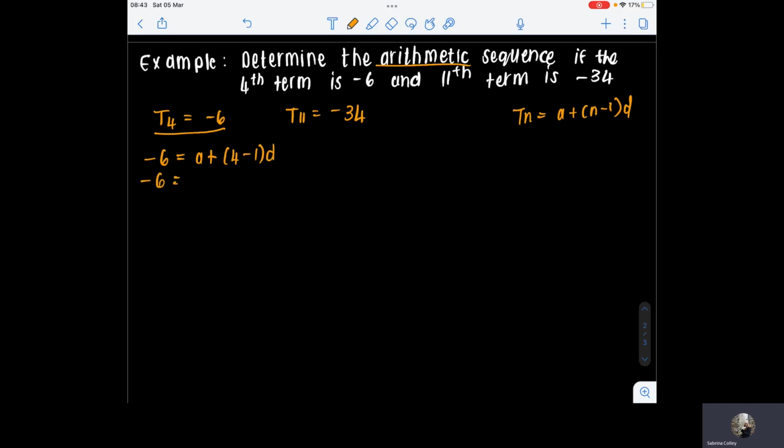So negative 6 is equal to a plus 3d, or the other way around, it doesn't matter. So we've got an equation for this one.